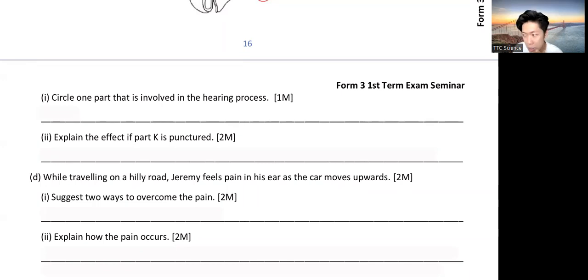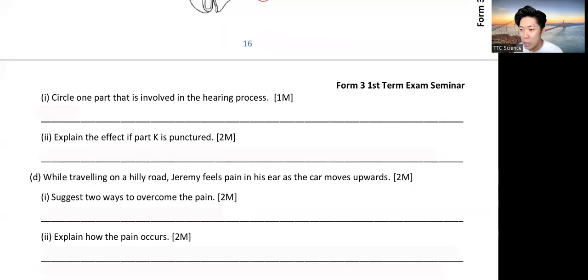Okay, that is just 1 mark, by the way. So you always have to look at the marks that the question gives you. Now, it is 2 marks. Loss of hearing, that's just 1 mark. You need to explain the effect. If you know the function of the eardrum is to transfer vibration to the ossicles, then now you have to do the opposite.